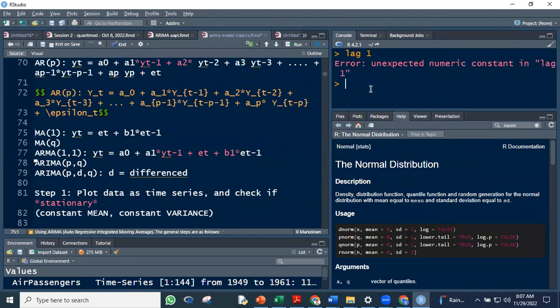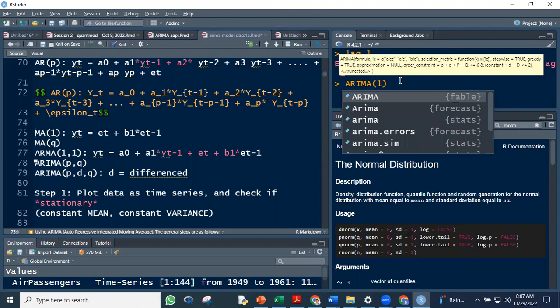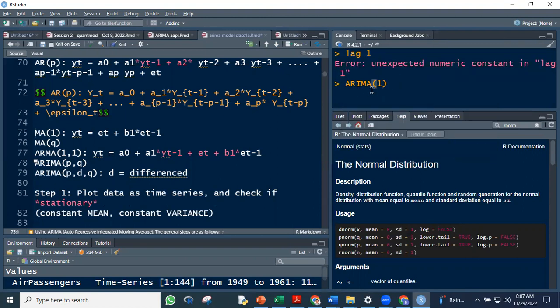If, for example, I write here ARIMA 1, okay, automatic yan, ibig sabihin yan, AR process lang yan. Kasi wala namang binigay na yung MA component. Wala rin differencing. So that's why others will not say ARIMA 1. They will just use AR1. Kasi wala namang MA component, hindi naman din difference yung data. Okay?